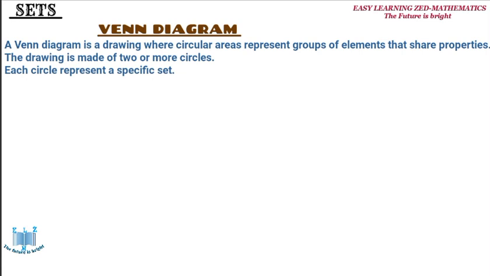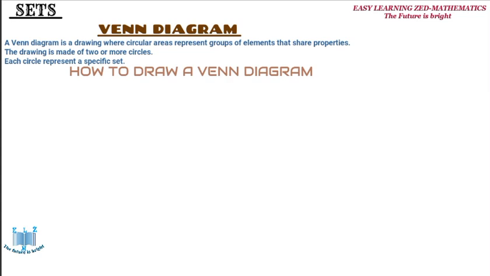Okay, now let's talk about how a Venn diagram is drawn. When you want to draw a Venn diagram, each Venn diagram starts with a rectangle that represents the universal set.